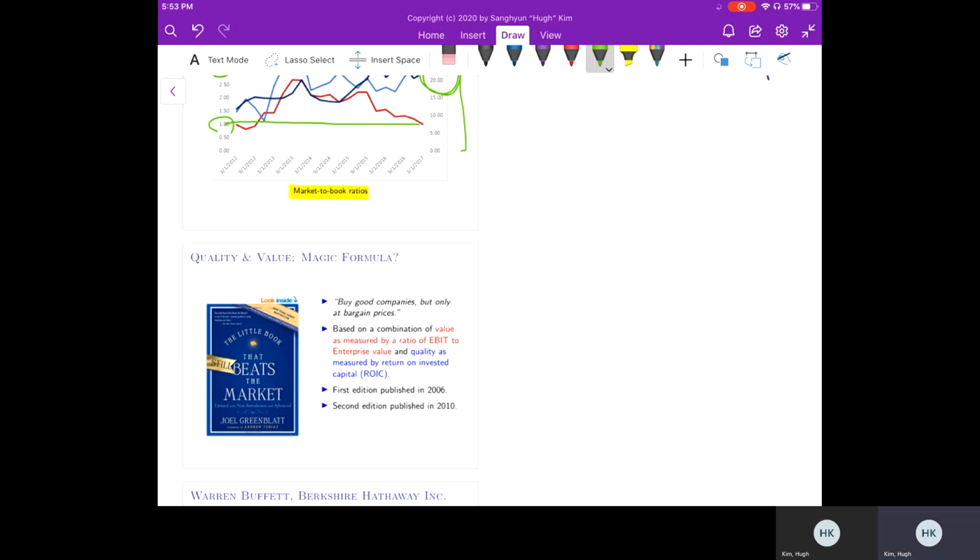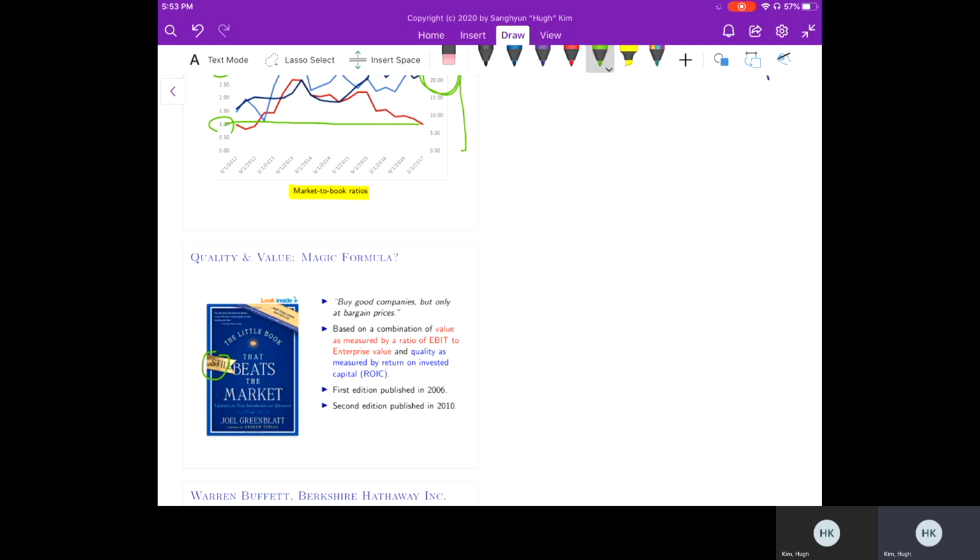This is a very popular investment strategy on Wall Street. So here's a book called The Little Book That Beats the Market. Actually, this is the second edition. In the second edition, the author Joel Greenblatt added the word stock market.